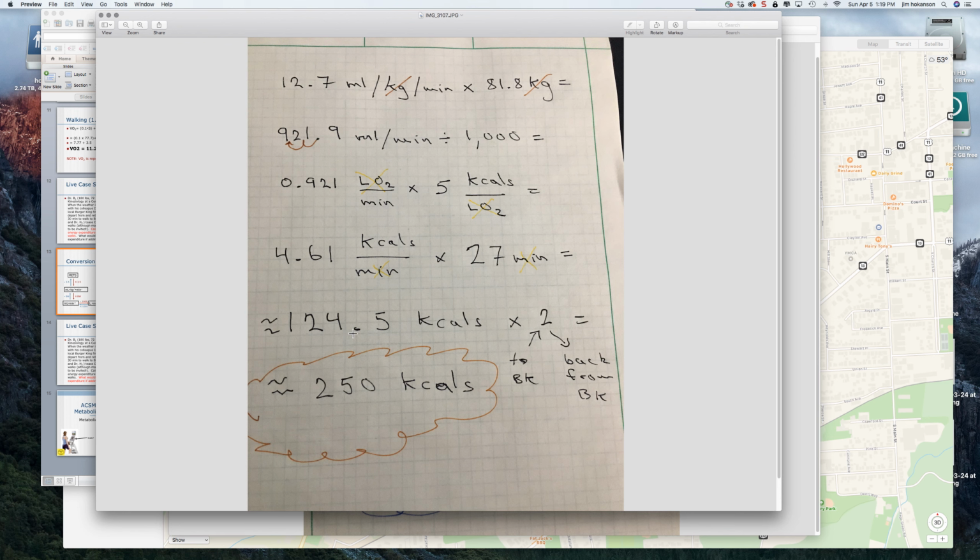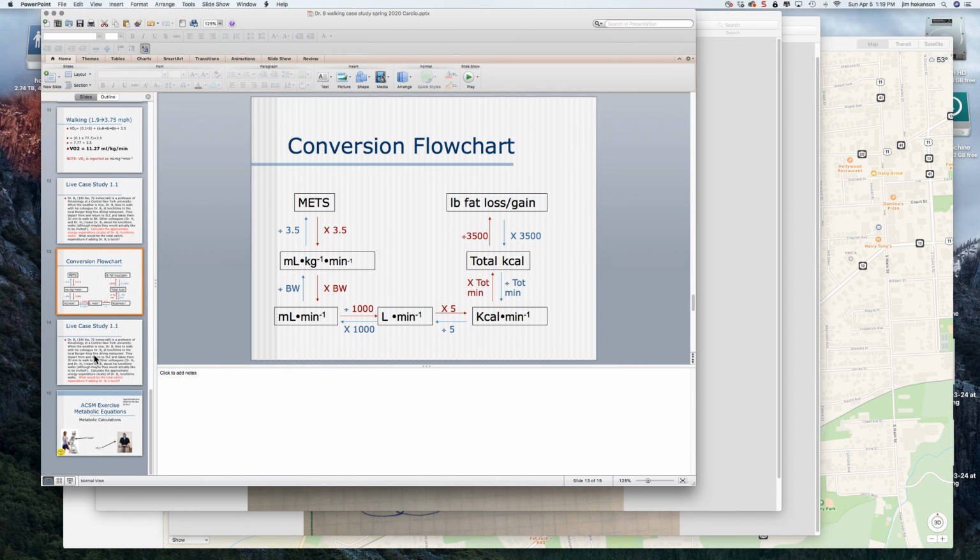So that's 124.5 kcals walking to Burger King. If he's coming back at the same speed, just multiply by 2. So that's about 250 kcals total of walking to Burger King and then walking back from Burger King.